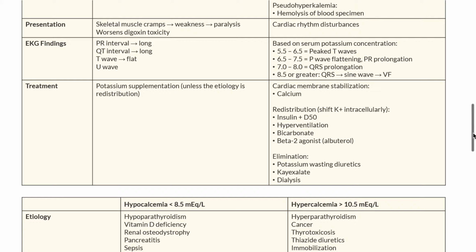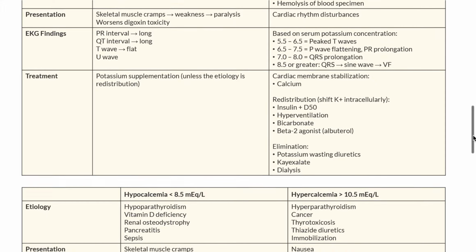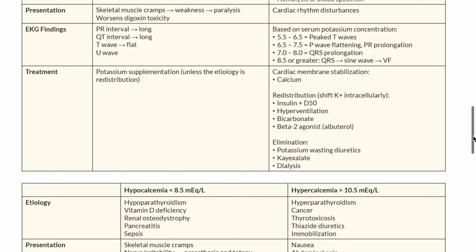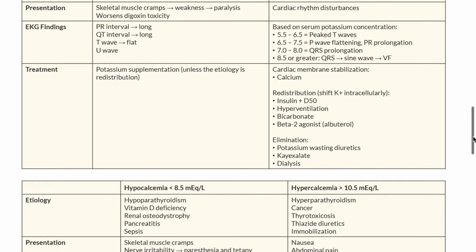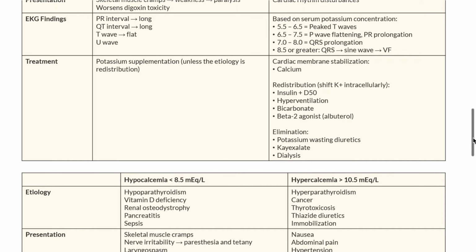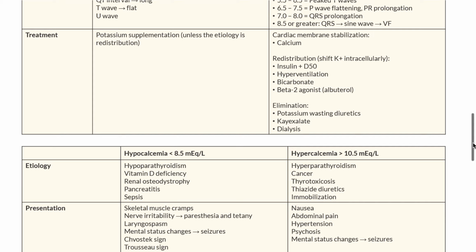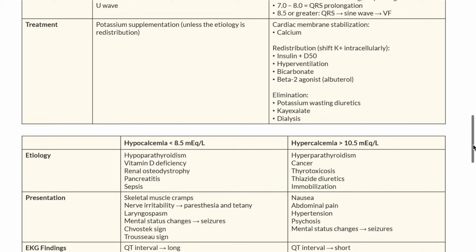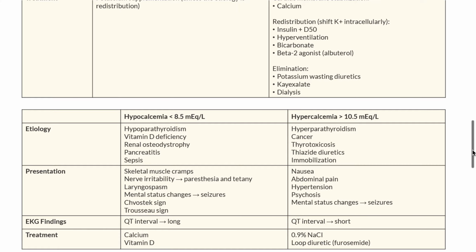Treatment of the hyperkalemia includes cardiac membrane stabilization with calcium and redistribution, so you're going to try to shift the potassium intracellularly with insulin and D50 or hyperventilation or bicarb or beta-2 agonists, such as albuterol. And then also promote elimination. So you're going to give potassium-wasting diuretics, K-oxalate, and potentially dialysis.